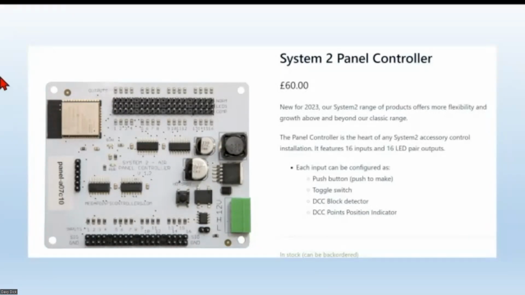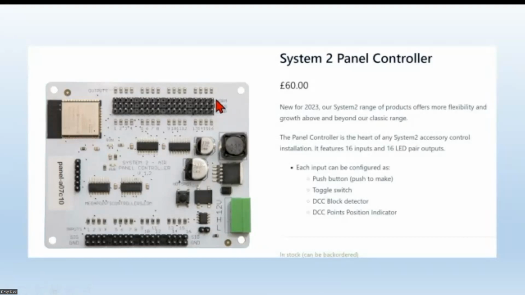It's got 16 inputs down the bottom here, and it's got 16 outputs at the top here. Now this is 16 pairs. You can see there's 3 wires here, the normal and the complementary and the common. So it can handle 32 leads, but they don't advertise it that way. They're more honest.